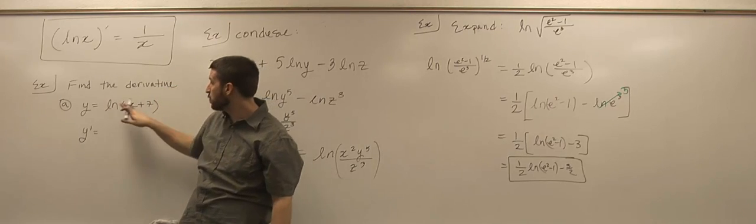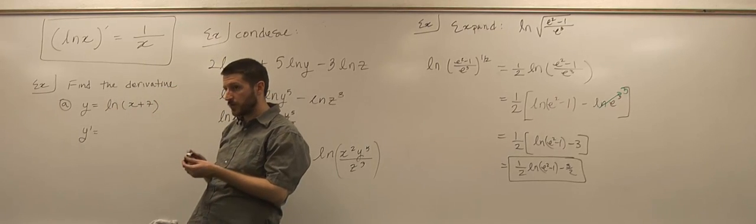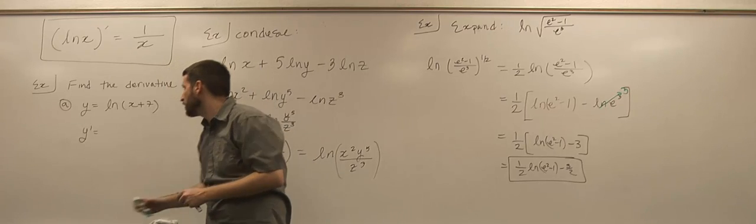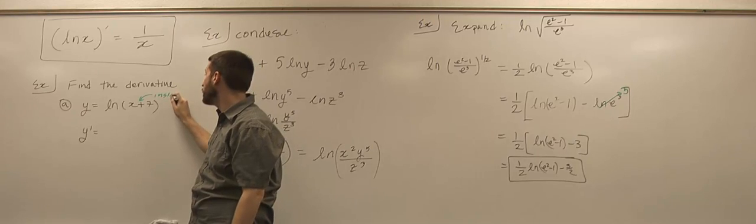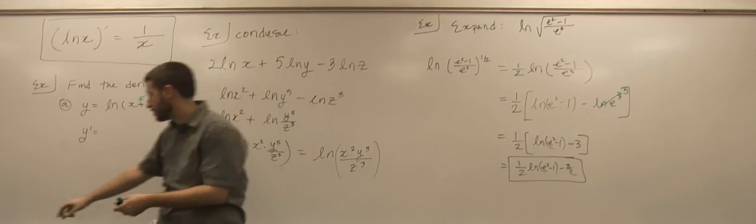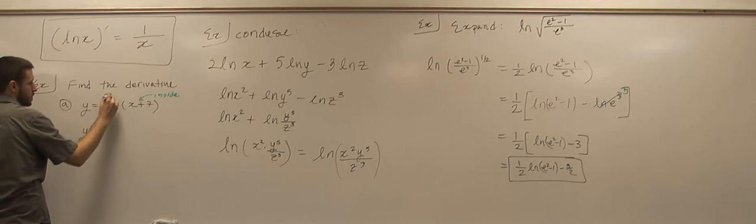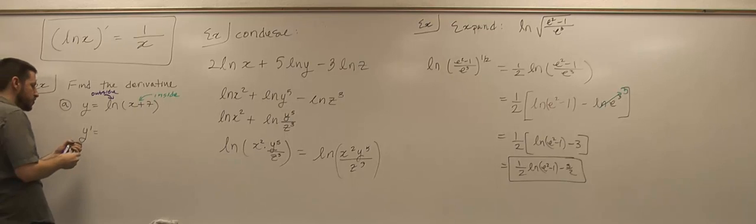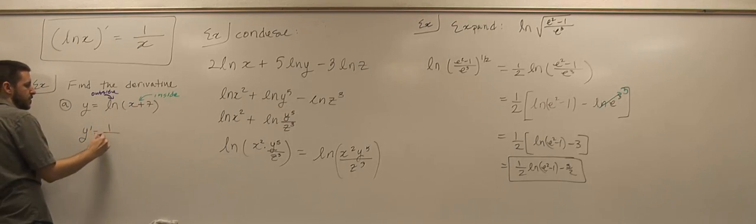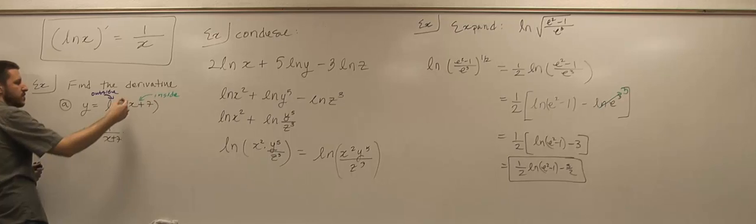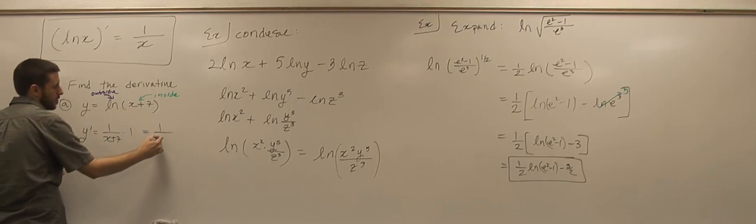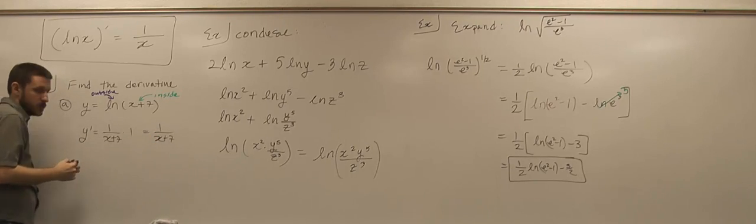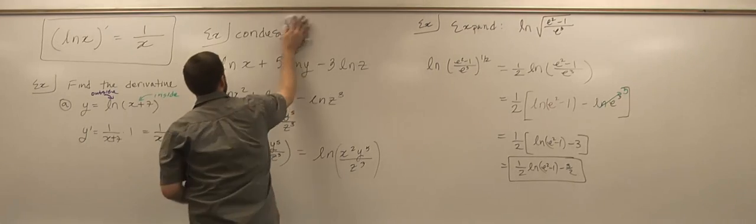But technically, if it's more than x inside, you have to do a chain rule. In this case, it's a stupid easy chain rule because the inside derivative is 1. But you do have an inside and an outside here. So when you do the derivative of ln of x plus 7, you start by doing 1 over x plus 7, and then multiply by the derivative of the inside, which would just be 1. So in this case, it didn't make much difference.